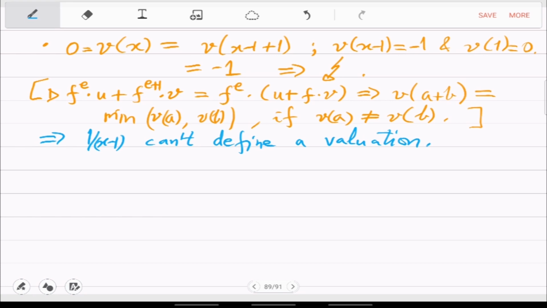Or you just have to see, is x minus 1 dividing it, or is 1 over x minus 1 dividing it? And that isn't. At x equal to 1, mod x minus 1, it is just 1. So you see that it's a unit there. Units have valuation 0. Yeah, okay.